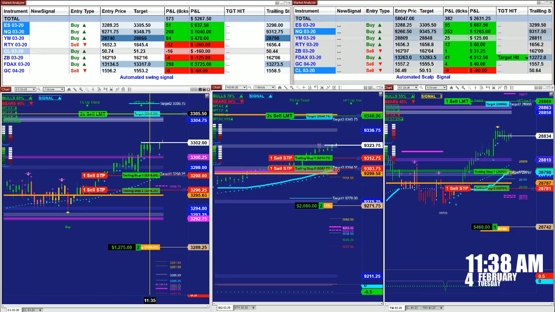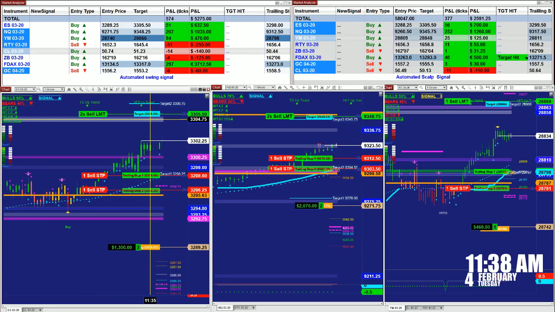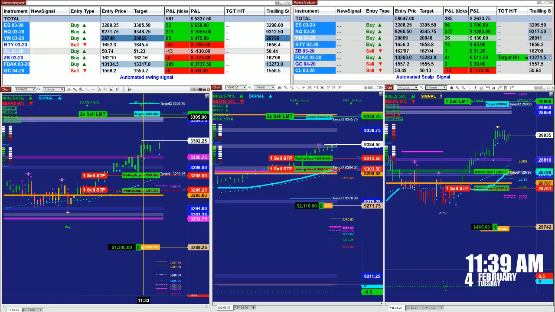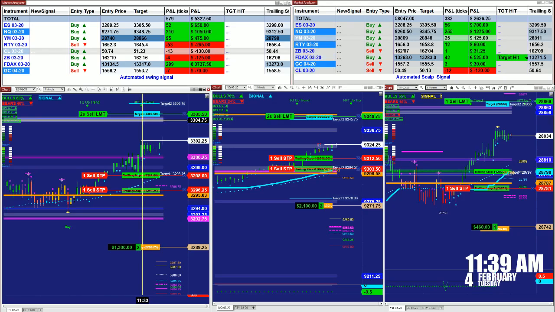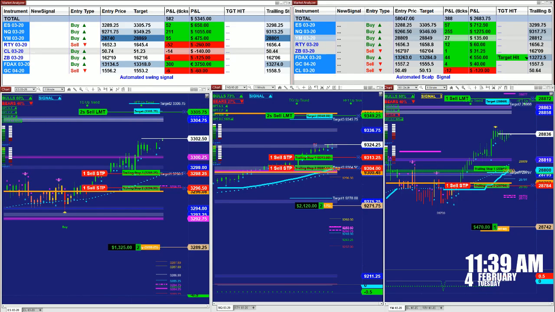The target system is expecting to exit at 33.0550, but we have a heavy resistance at 33.0475. Call it off at 33.0475. There are only a couple ticks away, and don't be milking the market all the way.